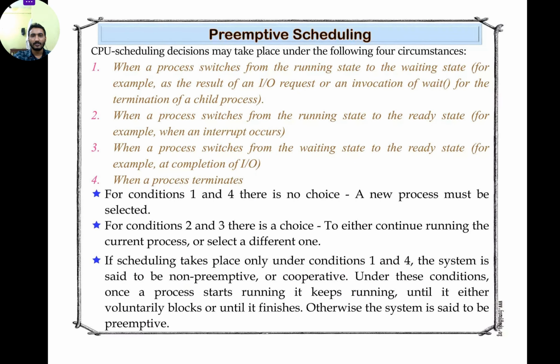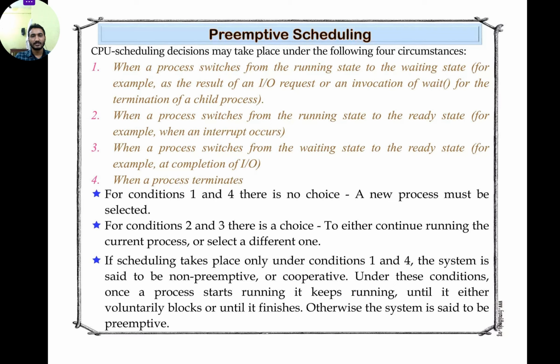Now we will talk about preemptive scheduling. CPU scheduling decisions may take place under the following four circumstances. First, when a process switches from the running state to the waiting state, for example as a result of an I/O request or an invocation of wait for the termination of a child process.